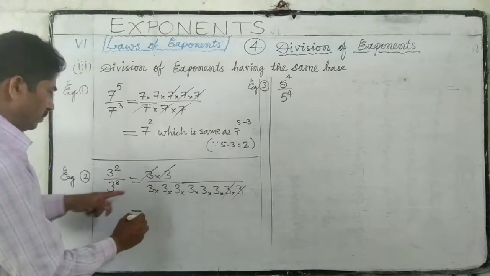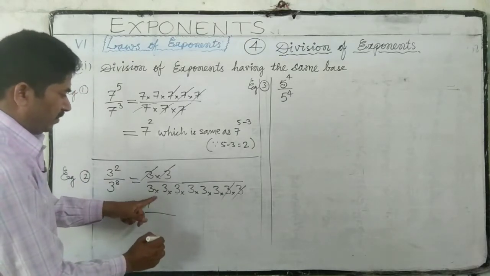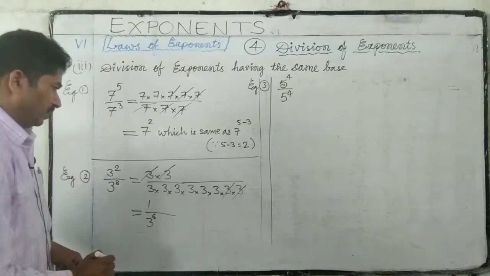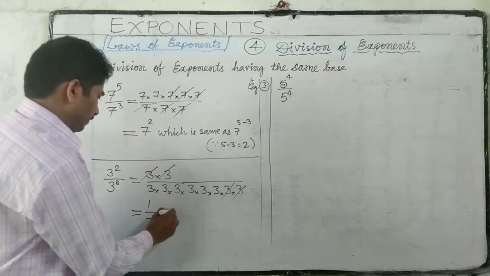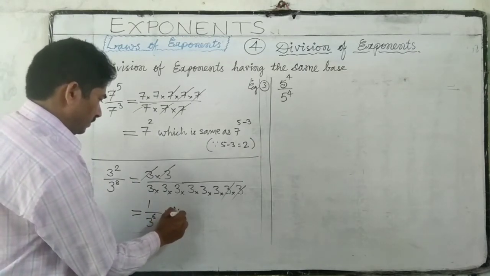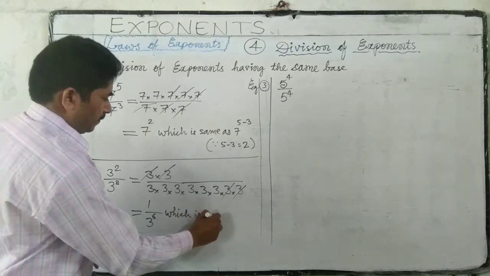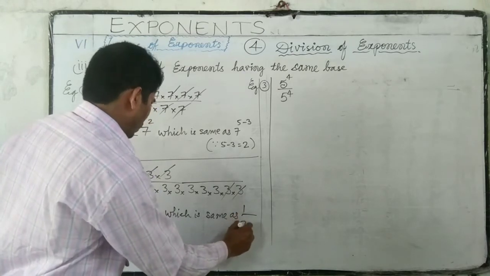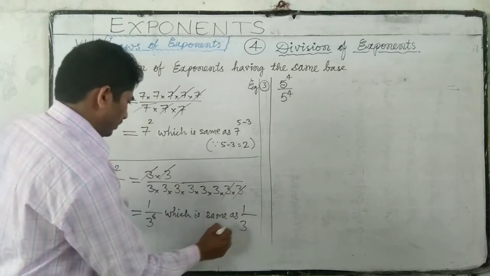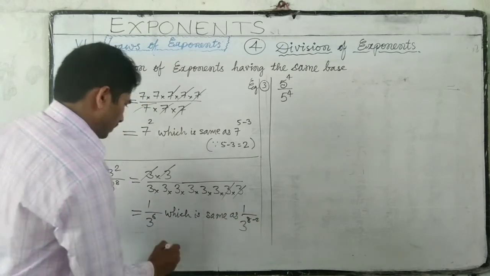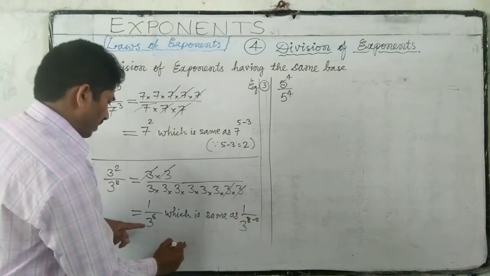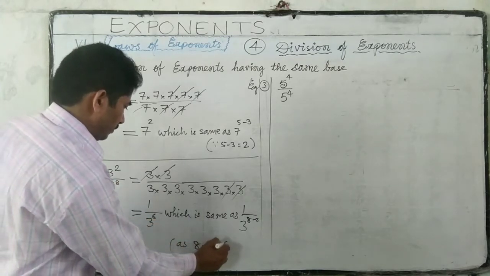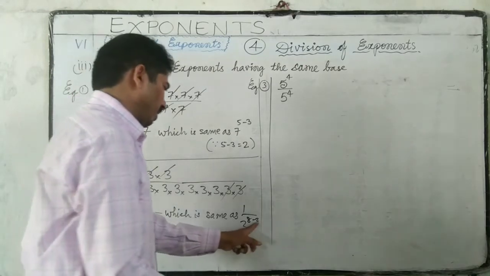So this is equal to 1 by 3 to the power of 6, which is the same as 1 by 3 to the power of 8 minus 2, because 8 minus 2 is equal to 6.